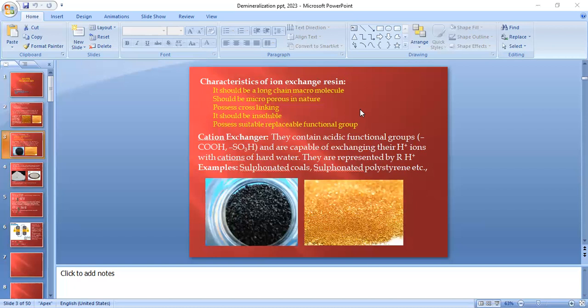They are capable of exchanging their H+ ions with hardness causing cations, that is calcium and magnesium, which are there in the water. You can see the sulfonated coal and sulfonated polystyrene as shown in the picture, which are known as cation exchange resins.